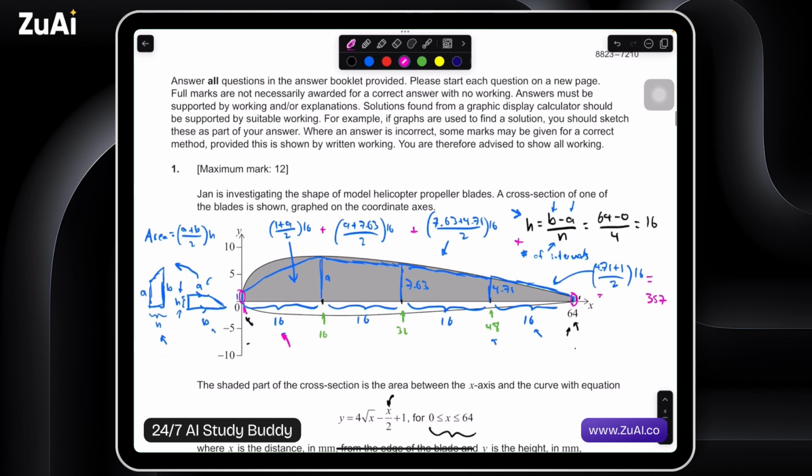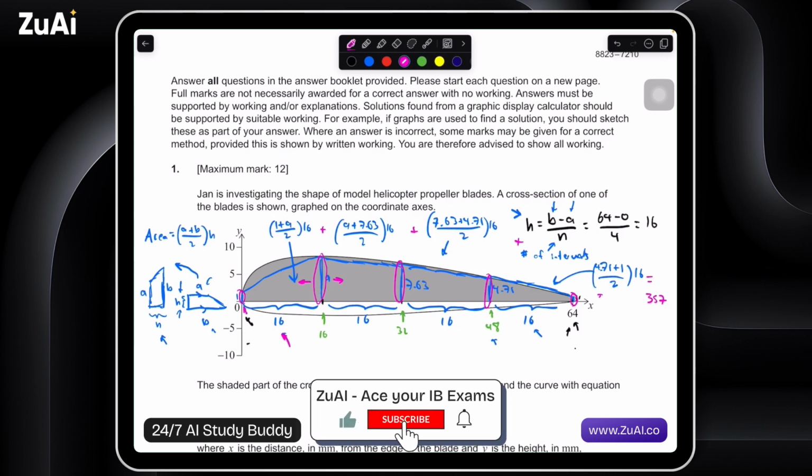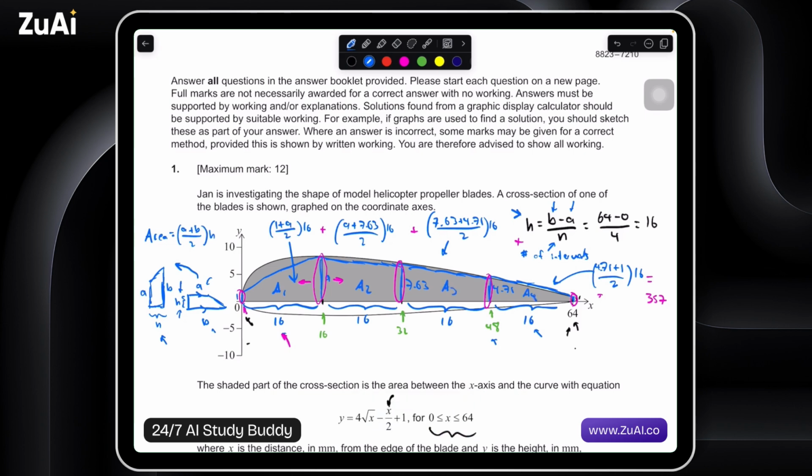And you see we actually have this as part of one trapezoid, and then it's also part of this trapezoid. So we multiply it by 2, and this we multiply by 2, and this we multiply by 2. So those intermediate heights. So there's really 2 different ways we could use the trapezoid rule in some sense. We can use the formula, or essentially we could find the area of each of the individual trapezoids and then add them all together. So A1, A2, A3, A4, and so on.